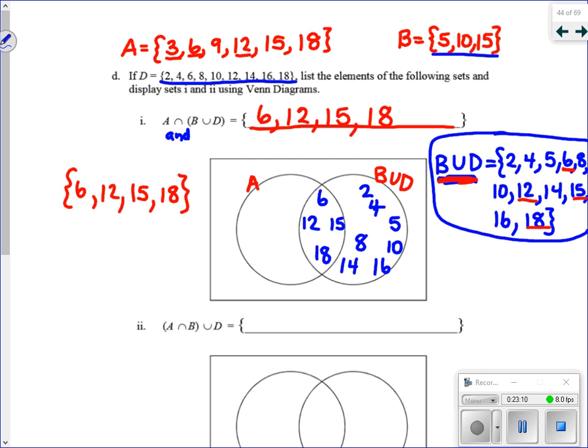Okay, and which ones are in A only? Well, we've already done 6, 12, 15, 18. So the ones that are in A only are 3 and 9.